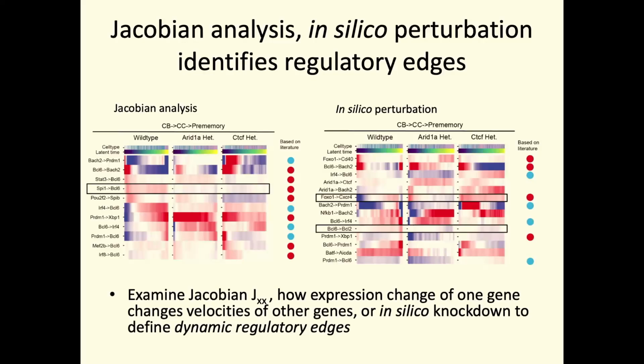So, these transcription factors, their targets are only in certain cell types, and then they're not important in later cell types, and we can model that. Okay, so that's what I'm showing. Regulatory edges from Jacobian analysis or in silico perturbation, but showing it along pseudotime and in wild type and mutants, okay?